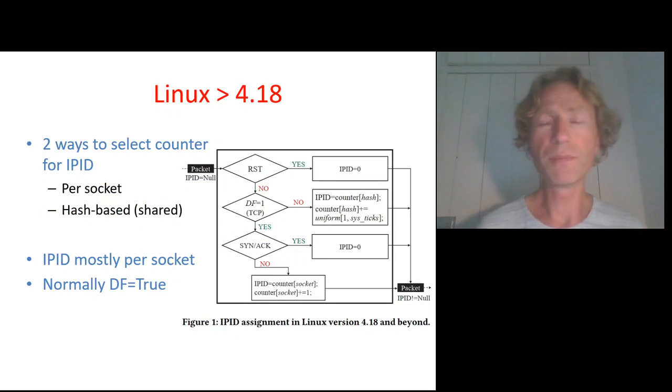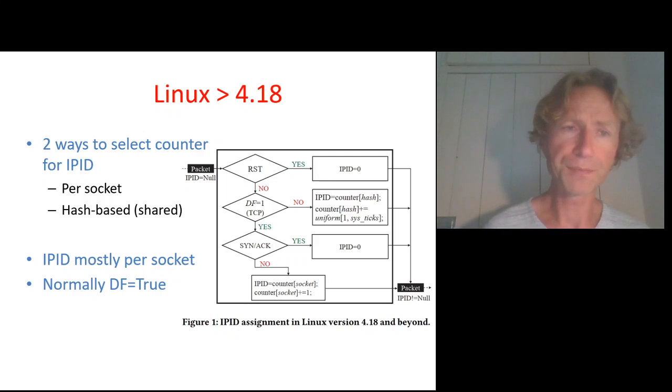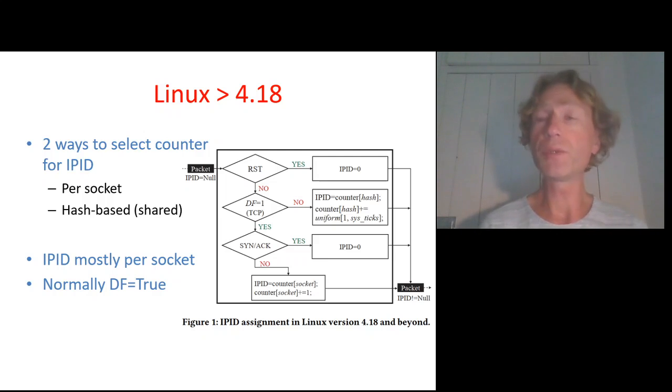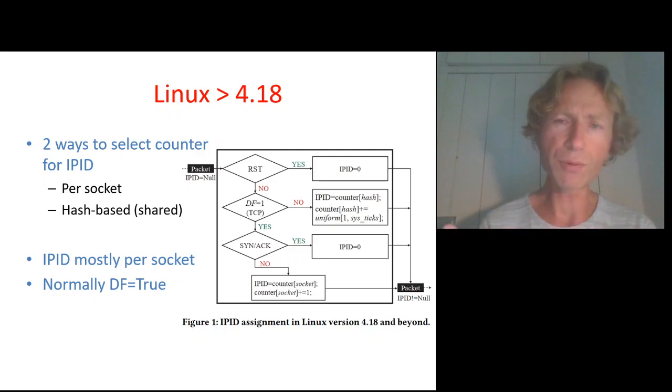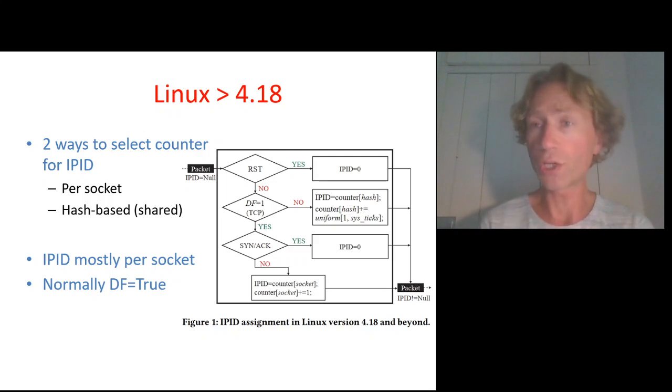For Linux versions later than 4.18, there are two ways to select a counter to use for the IP ID field. The first way is to do this per socket. You have your unique counter for your socket, and it's yours alone. And this is a secure way. But besides this secure way, there's also a slightly less secure way, which is based on picking a counter from 2048 counters that are picked on the basis of a hash.